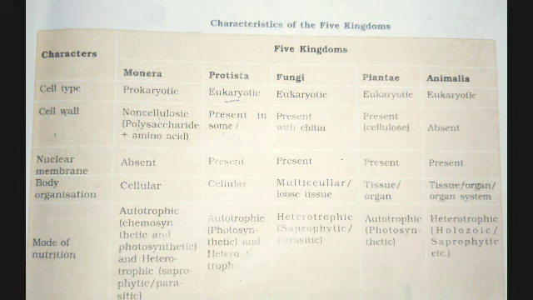Body organization is tissue, or you can say organ system. So in short they are multicellular organisms. Mode of nutrition: they carry out the heterotrophic mode of nutrition. In heterotrophic mode of nutrition they even carry out holozoic or saprophytic, right? So this was all about kingdom classification which was given by Whittaker, right?